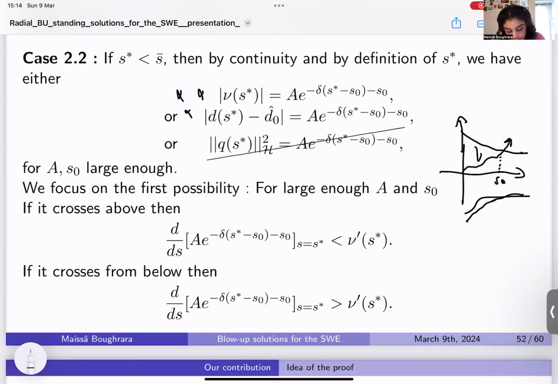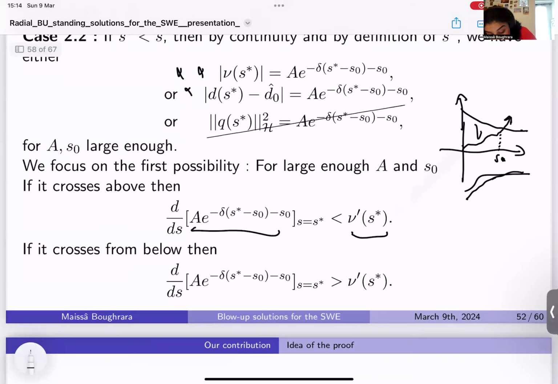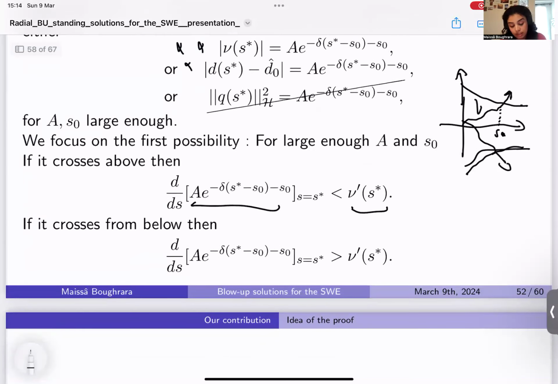If it crosses from above, then the derivative of the border is going to be strictly less than the derivative of the curve. And if it crosses below, then we have the opposite: the speed of the border is going to be strictly greater than the speed of the curve mu at time S star.